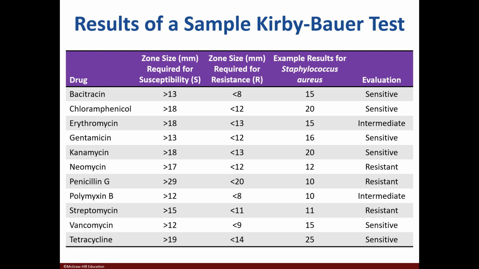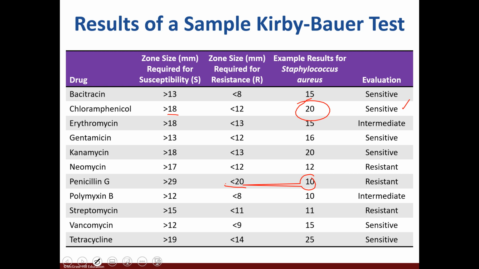For example, if your zone around chloramphenicol was 20 millimeters, it's greater than 18, so the bacterium would be sensitive, meaning the drug was effective. In penicillin G, if the zone was 10 millimeters, that's less than 20, which indicates resistance.